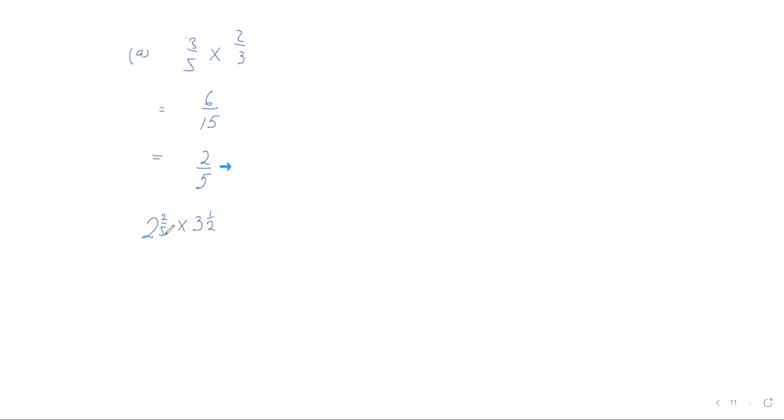This will come 5 times 2 is a 10, plus that 2 is going to be 12/5, times 2 times 3 is 6, plus 1 is a 7/2. Going to be 12 times 7, 12 times 7 is 84, over 10.